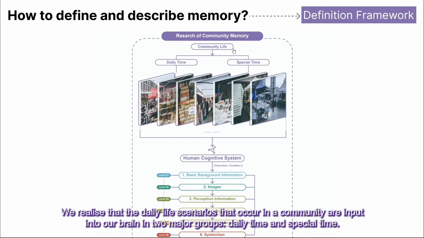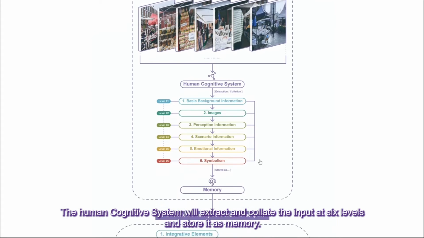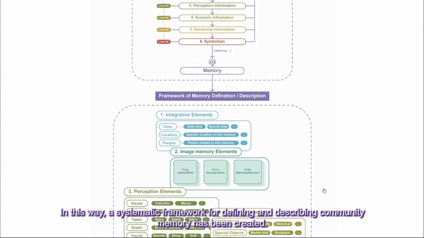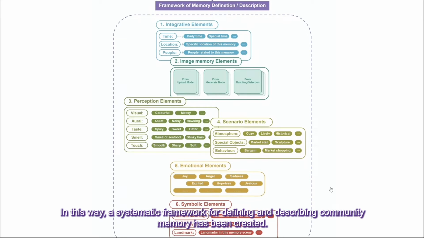We realized that the daily life scenarios that occur in a community are input into our brain in two main groups, daily time and special time. The human cognitive system will extract and collect the input at 6 levels and store it as memory. In this way, a systematic framework of defining and describing community memory has been created.